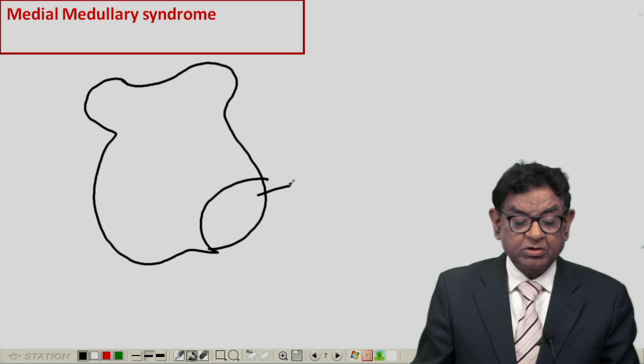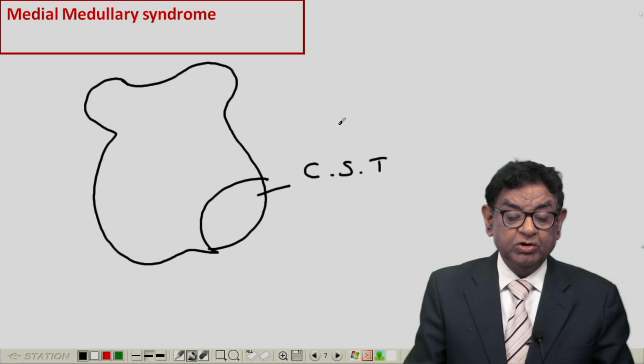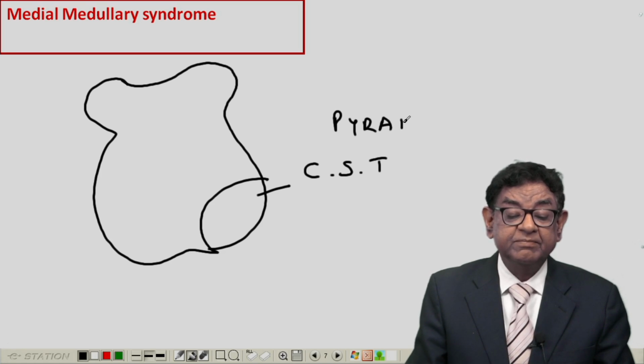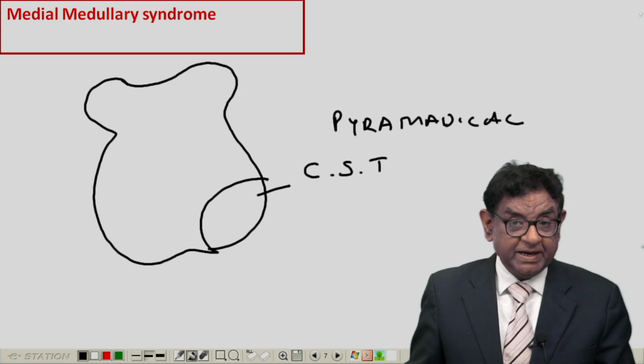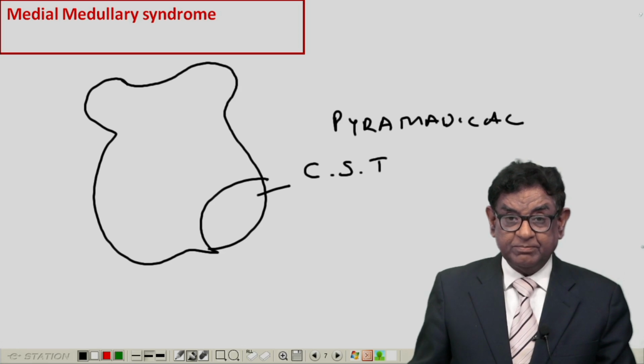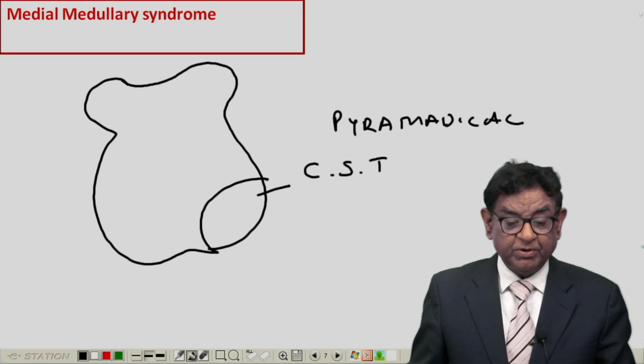This is the corticospinal tract, also known as the pyramidal tract. They are going to supply the contralateral motor fibers to the other side of the body.